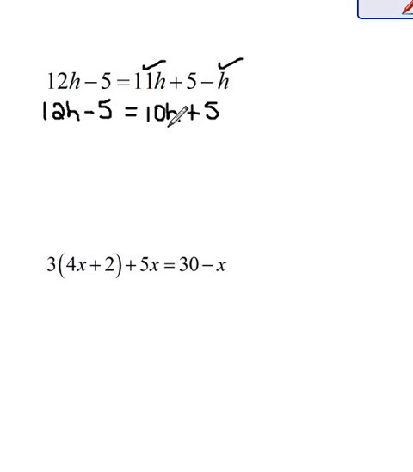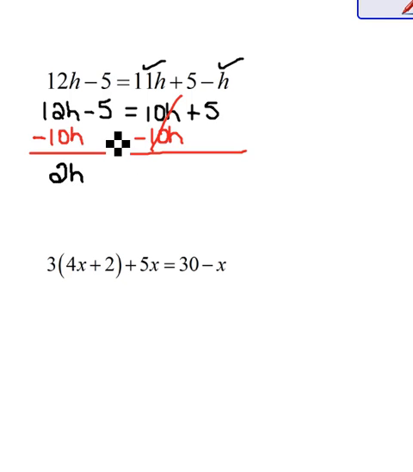So since 10 is smaller than 12, I'm going to remove it from the right by doing the opposite. This is a positive 10h here, so we're going to do the opposite by subtracting 10h from both sides. So when we do that, we're left with 12h minus 10h would be 2h's minus 5 equals 5.